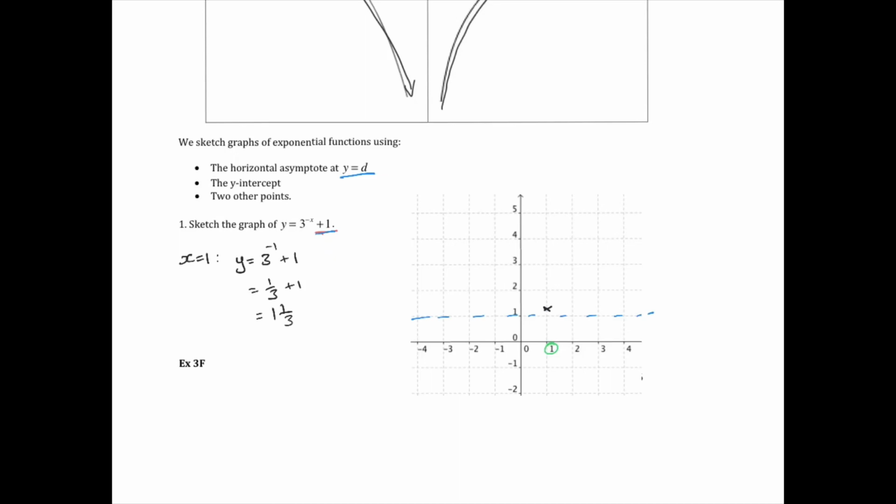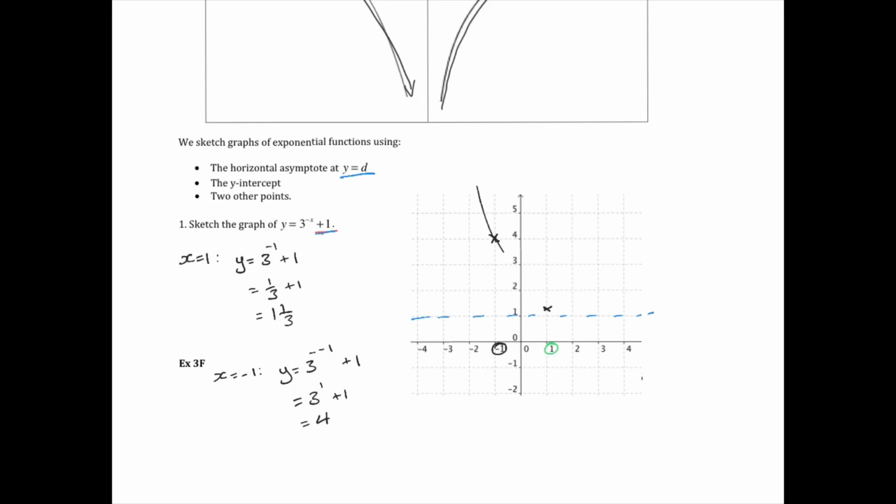However, if I put negative 1 in there, so here x is negative 1, I get y equals 3 to the negative negative 1 plus 1, which becomes 3 to the positive 1 plus 1, which is just 4. So in this case, I'm up here. So now I can see the shape of the exponential. I know it's going to be like this and go downwards.